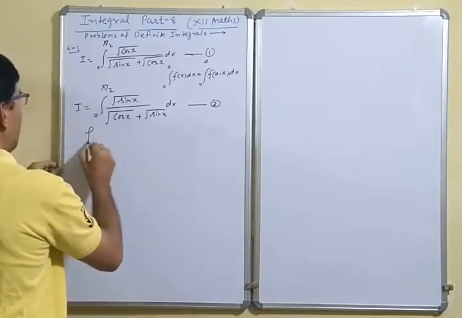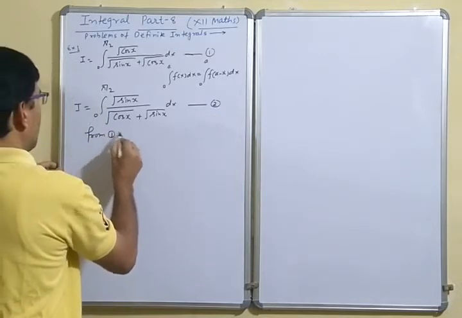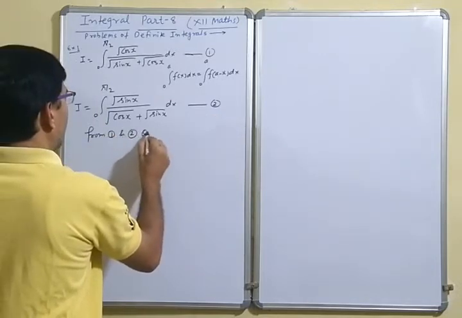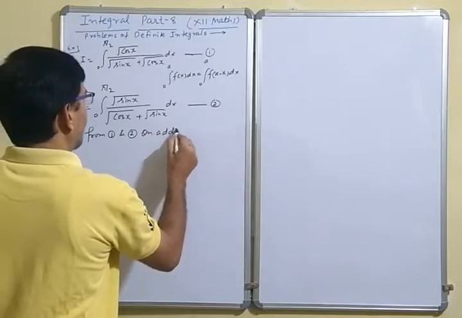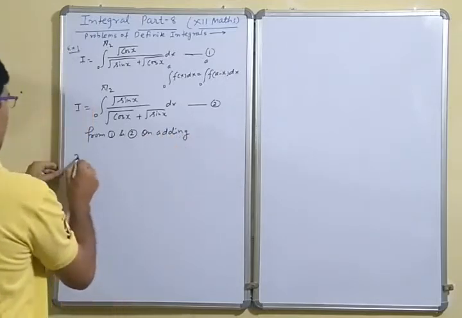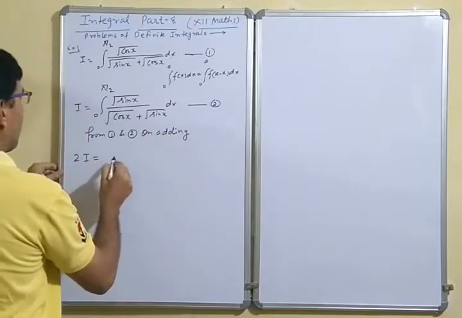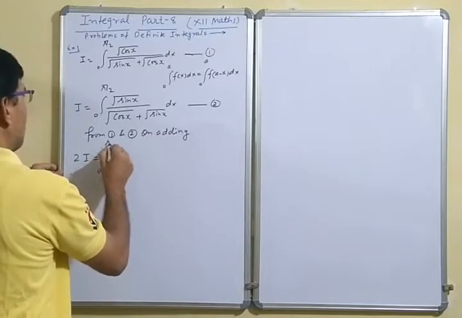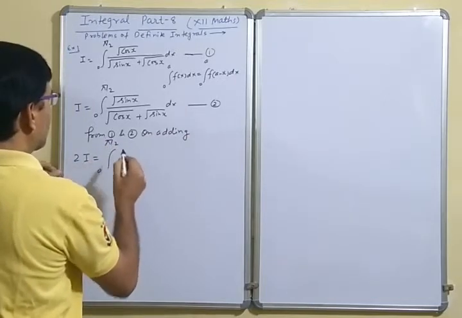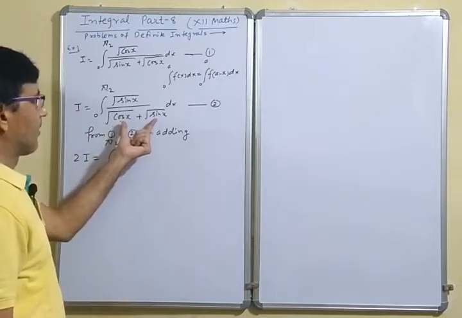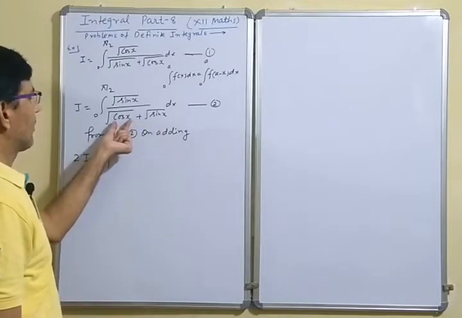So from 1 and 2, on adding, what will we get? 2I is equal to integral 0 to pi by 2. In the denominator it is the same, root sin x plus root cos x. So the denominator is the same. In the numerator what will you get?